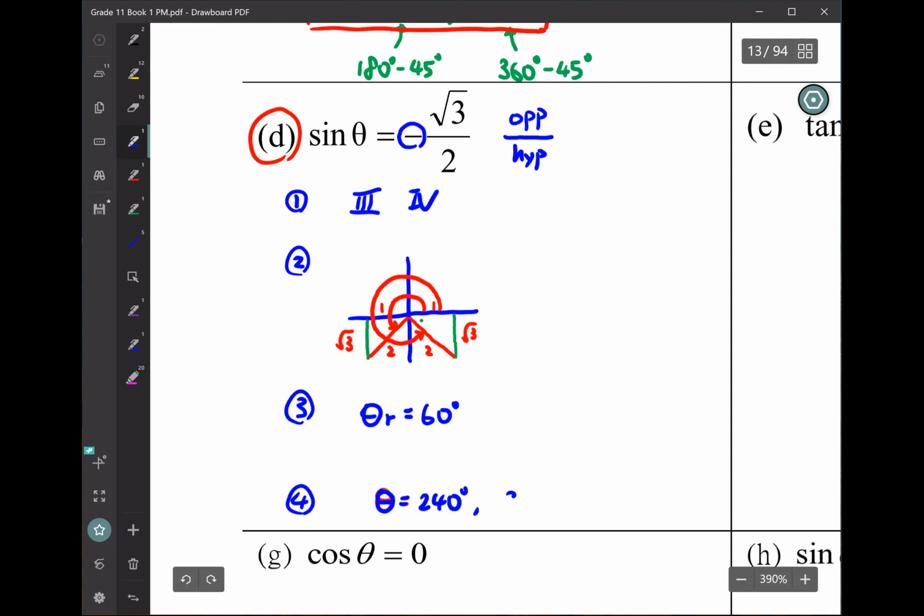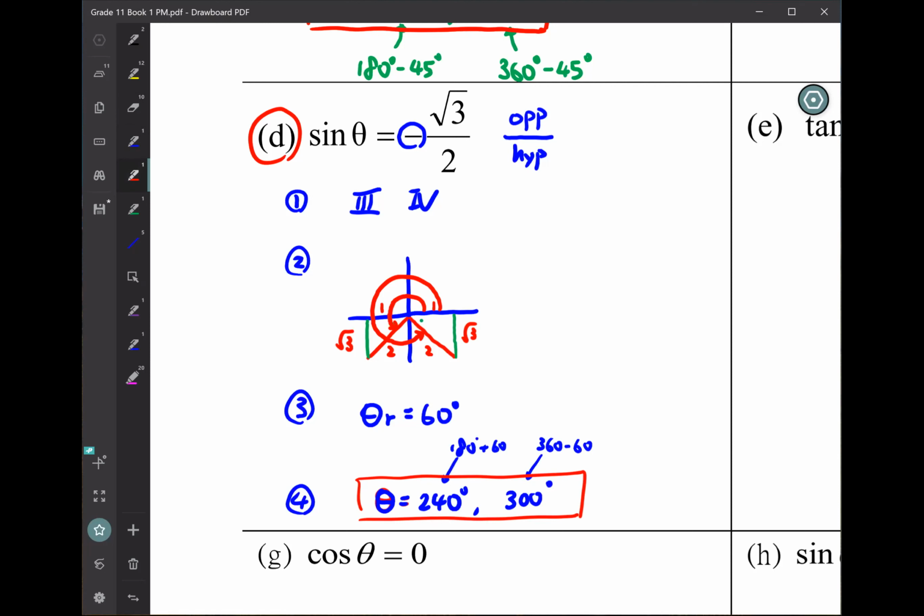So that will be 300. So the first answer is 180, you add the reference. The second answer you use 360, you minus the reference. So you either use the 180 degrees or the 360 degrees to find the two answers.